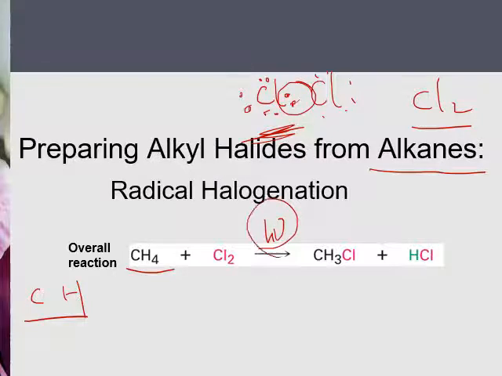Okay, this means UV light. This will break the chlorine molecule into 2 radicals, and the net effect, the overall reaction, is methane plus chlorine, and one of the hydrogens is replaced by chlorine, forming methyl chloride with hydrogen chloride.